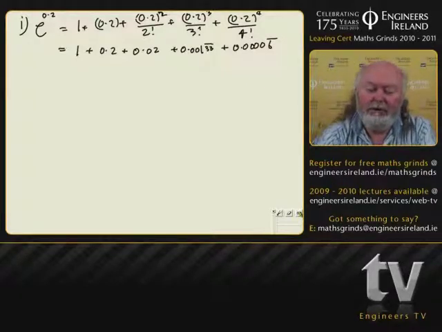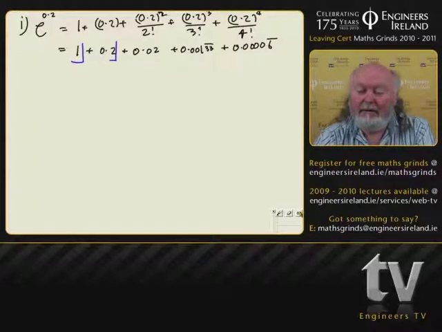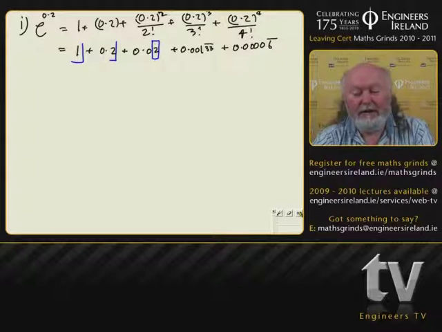Do you notice? The first one gives us the whole number. The second term is giving us the first decimal place. The third one is giving us the second decimal place. Each one of them is sending us further and further down.